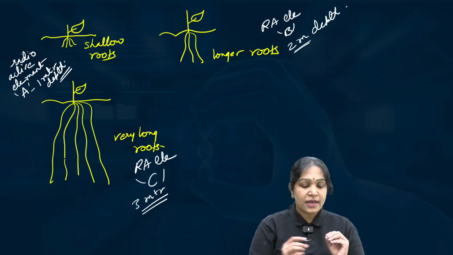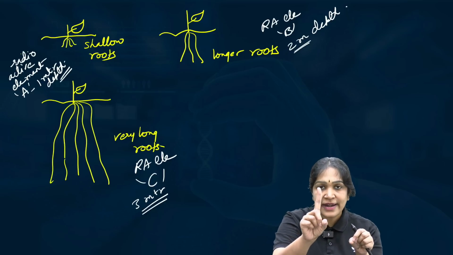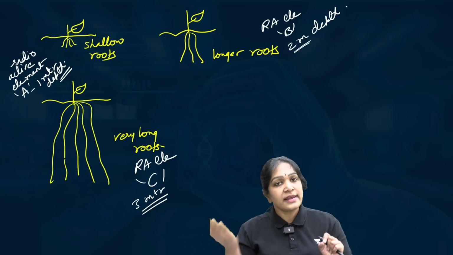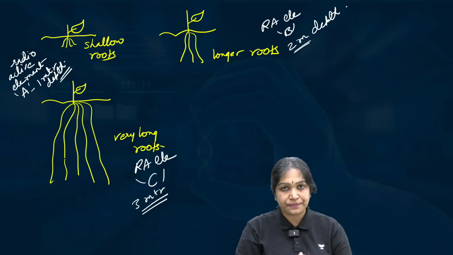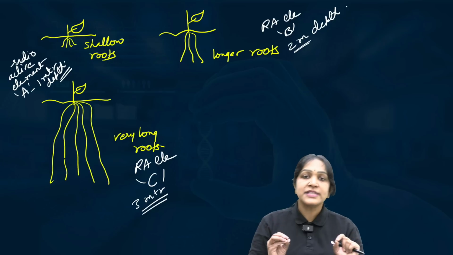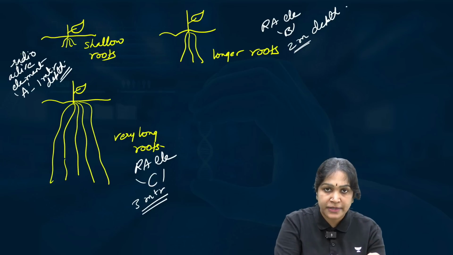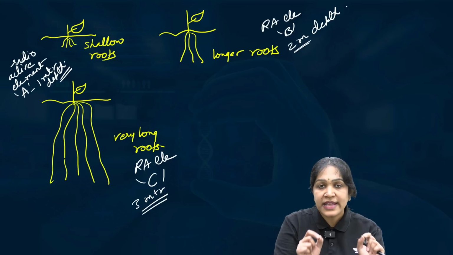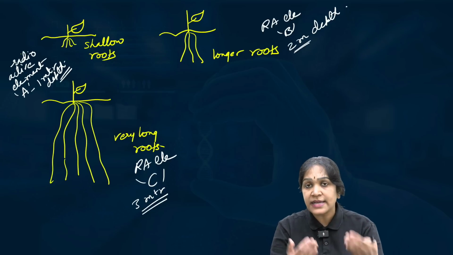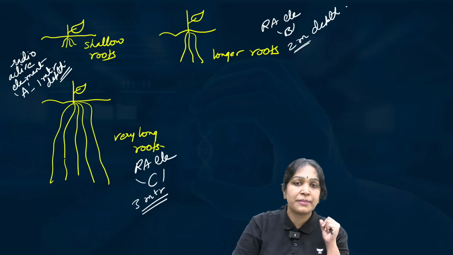I repeat, okay, in the soil, I am keeping one type of element at 1 meter depth, another type of element at 2 meter depth, one more type of element at 3 meter depth. And then we study what radioactive elements this plant absorbed. This plant absorbed only the radioactive element called A, not B and C. It means it did not go up to 2 meter. The roots did not go up to 2 meter or 3 meter depth.